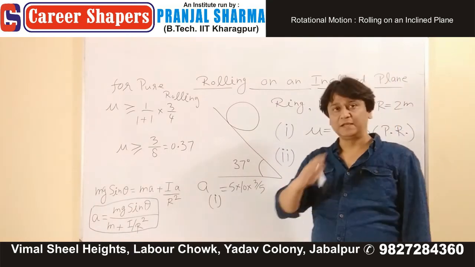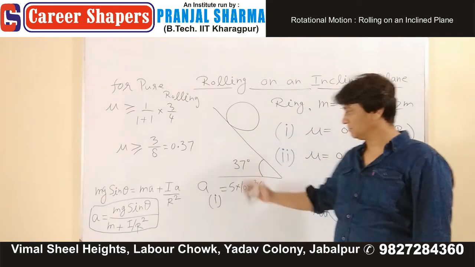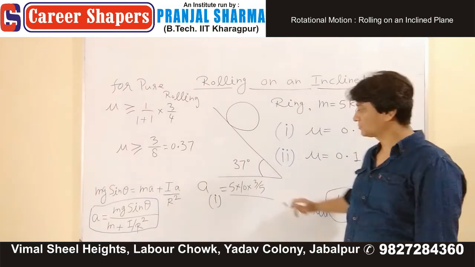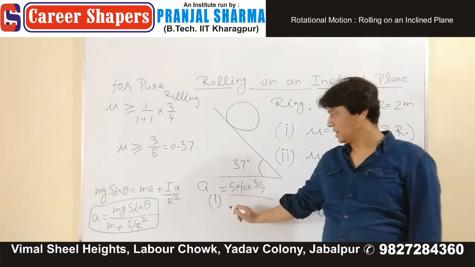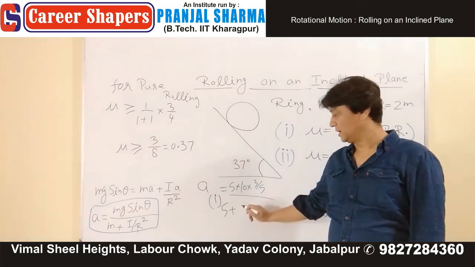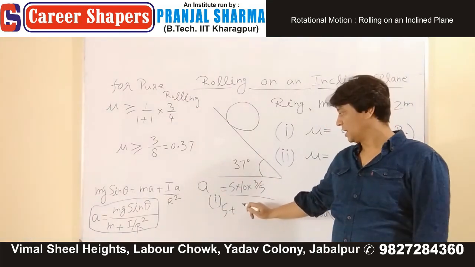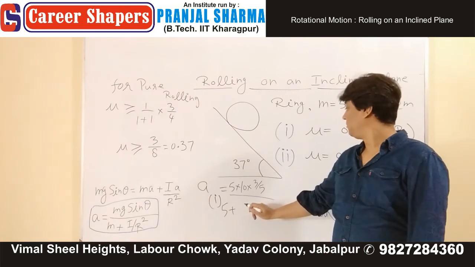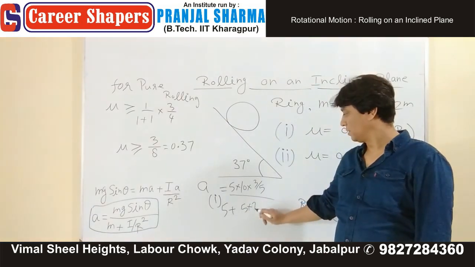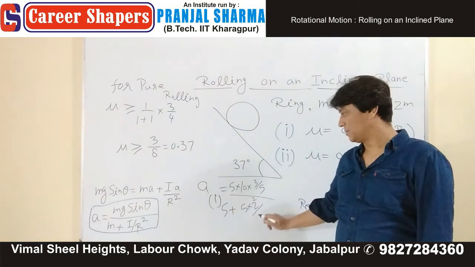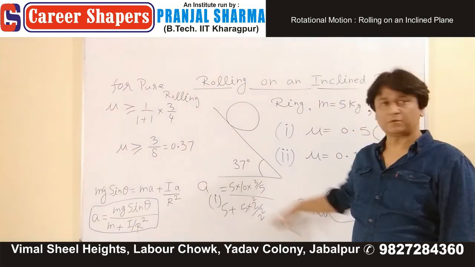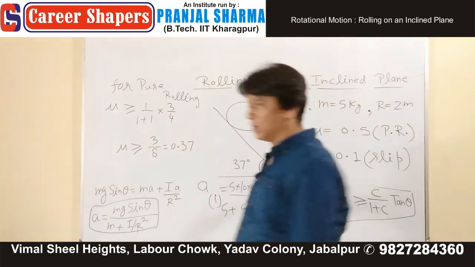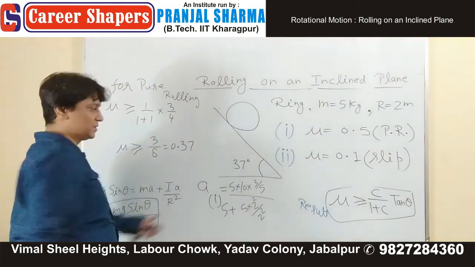We'll make an easier version of this also, but as of now, mg sine theta divided by m plus I, it's a ring, mr square, divided by r square. So you got your acceleration, whatever the value is, just find this.